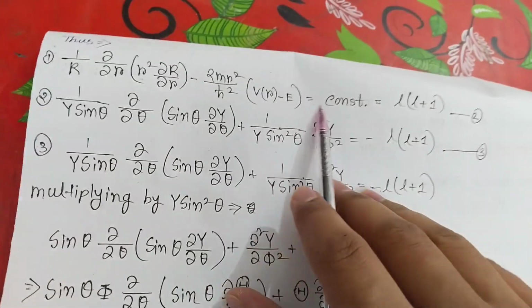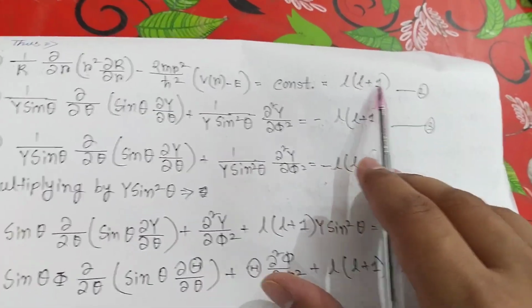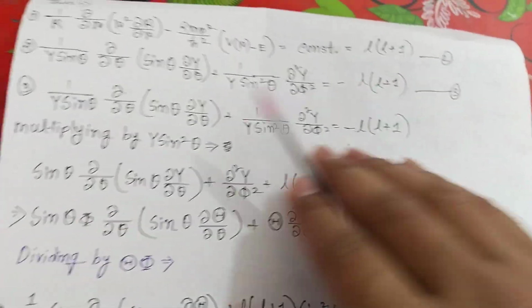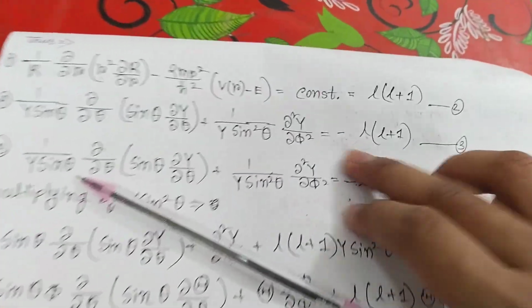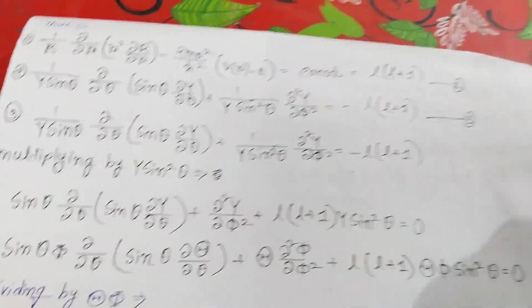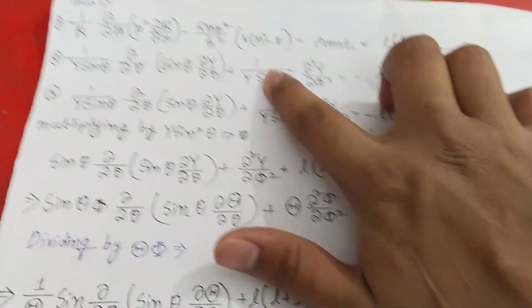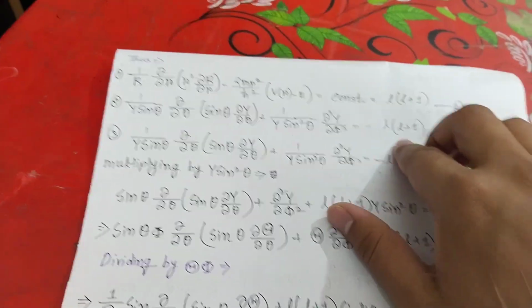This constant will be equal to L into L plus 1, and the other thing will be equal to L into L plus 1, but we had the minus sign, so we move the minus sign to here. Now the question may arise, why L into L plus 1? Now this thing, as the rule suggests, will be equal to any constant.